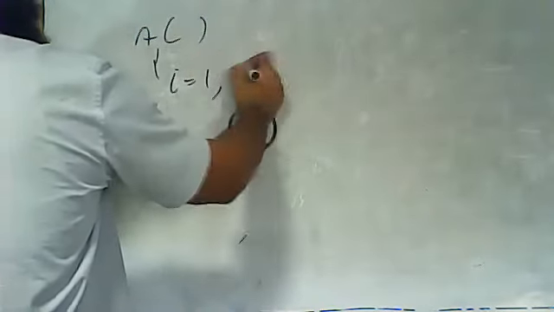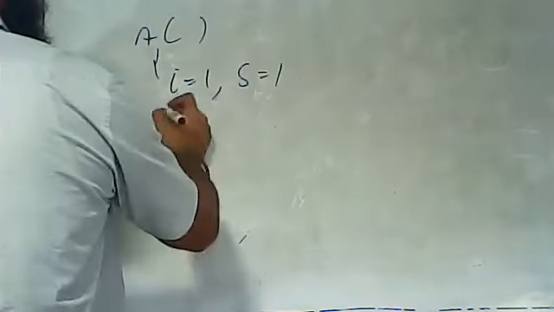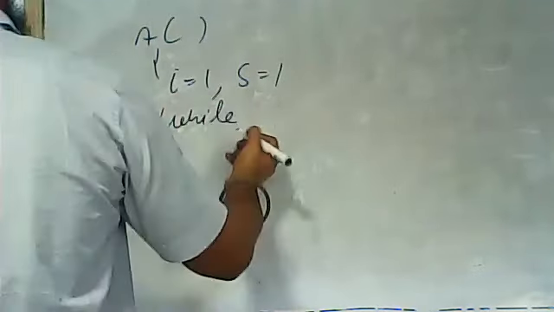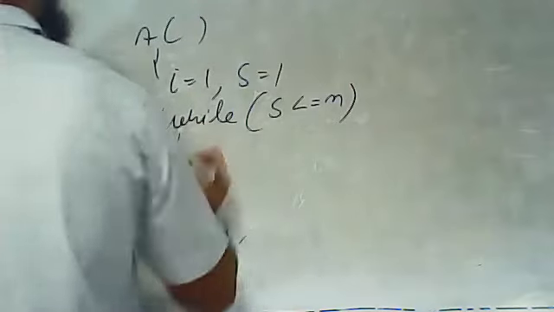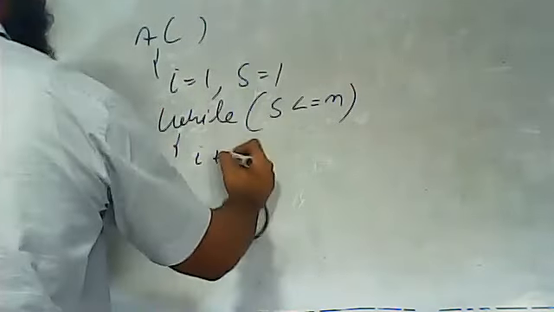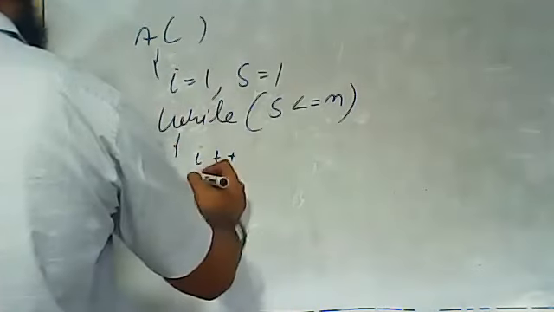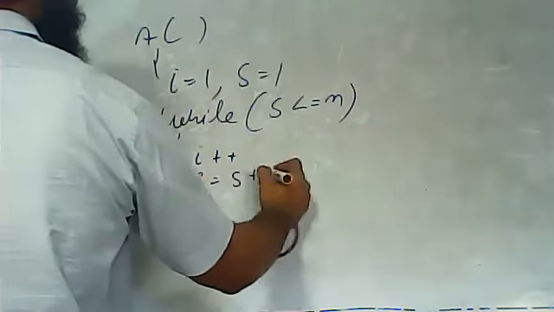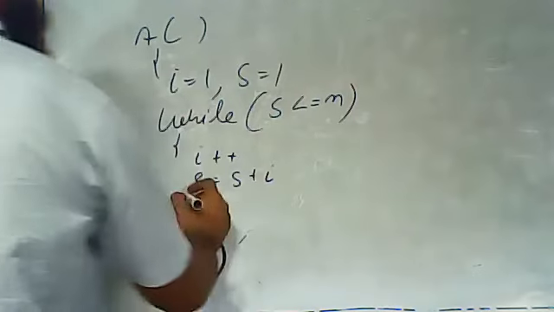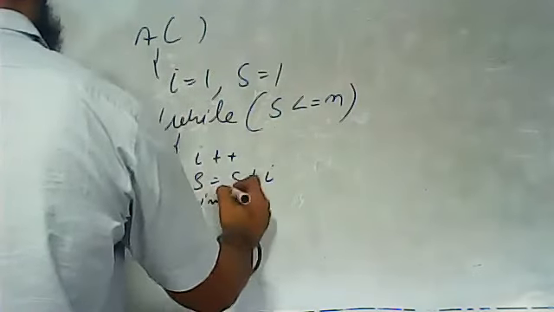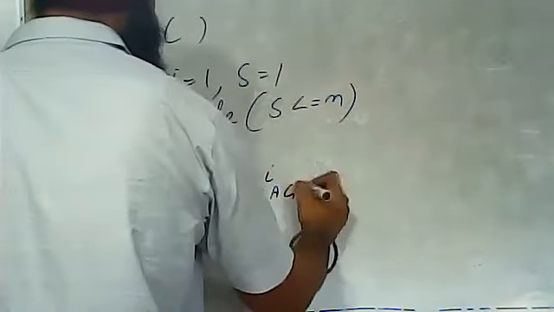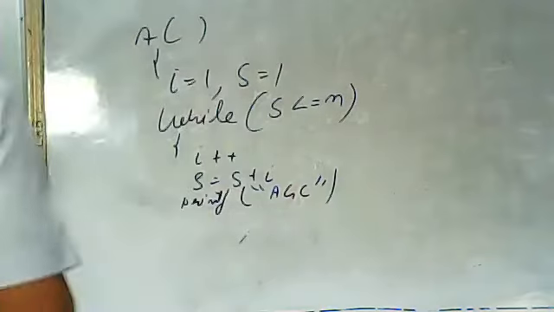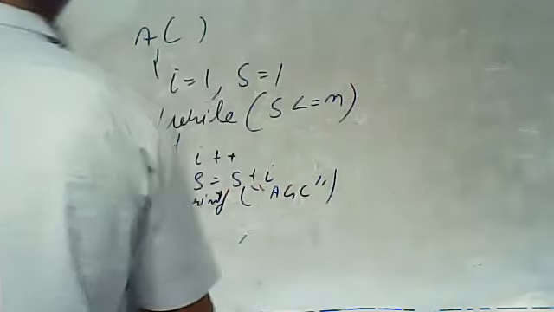If i equals 1 and s equals 1, and a while loop is there, executing while i is less than or equal to n, and i is incremented by 1, and then s is incremented by i, and then we use printf, any printing statement, let's say abc, and then we close this loop.